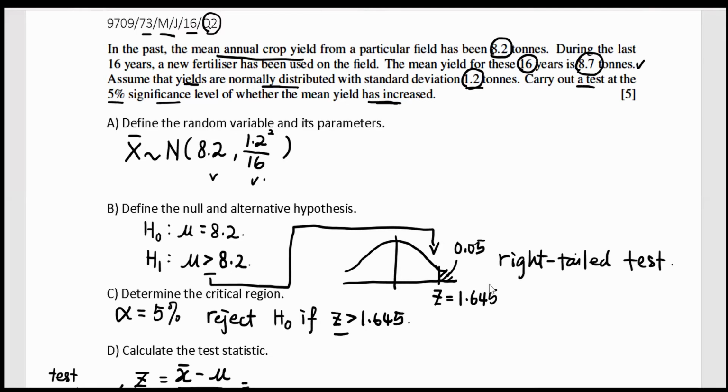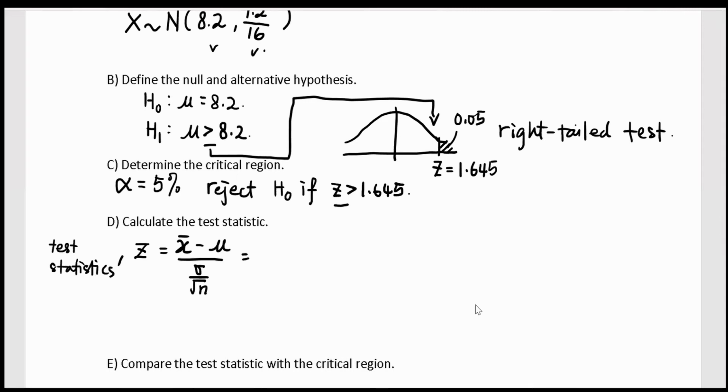That is the mean from the 16-year sample, so 8.7 is the sample mean, minus the population mean, divided by 1.2 over square root of 16. Find out this value: 1.667.